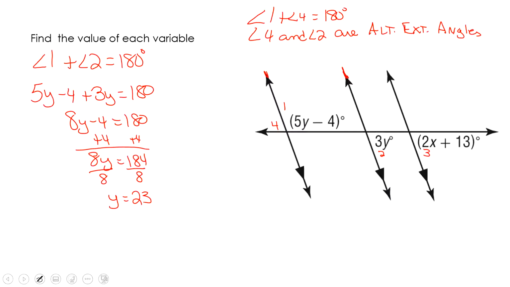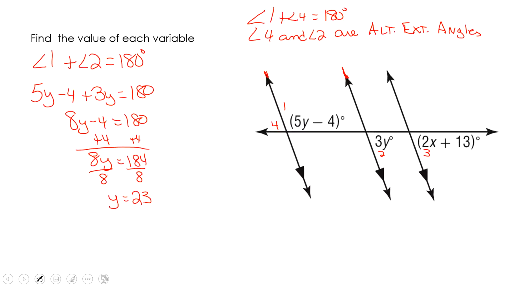I know now y is 23 degrees. How does that help me find x? Well, now I see that angle 2 and angle 3 are corresponding angles. Again, they're congruent because corresponding angles are congruent. So I can set 2x plus 13 equal to 3y, but I know 3y now is 3 times 23.